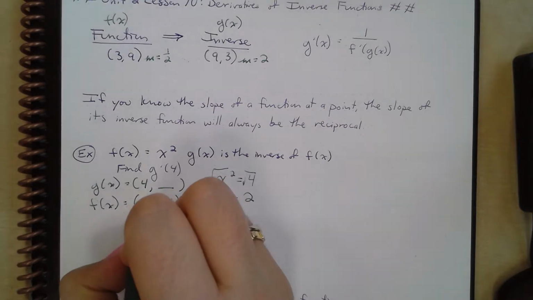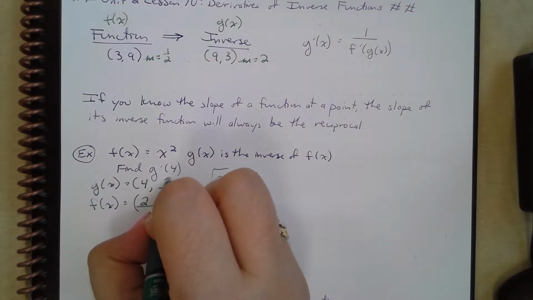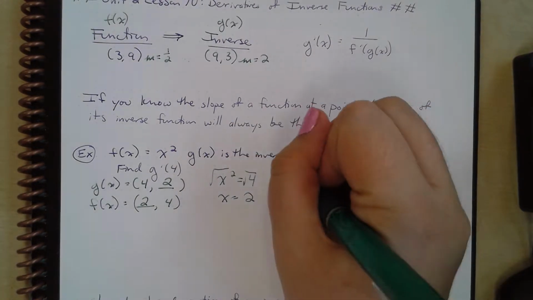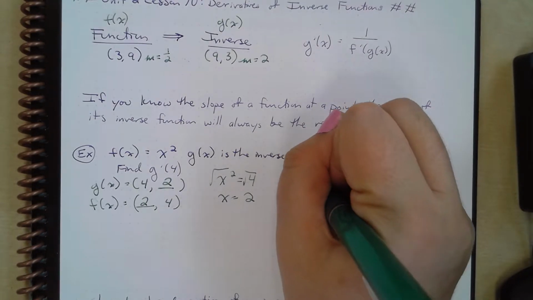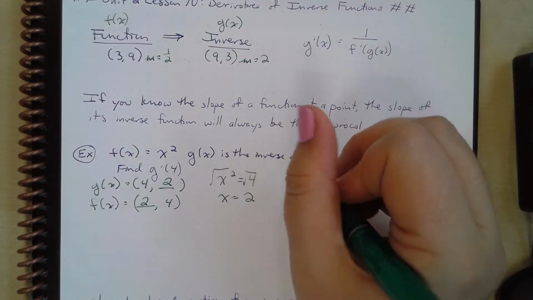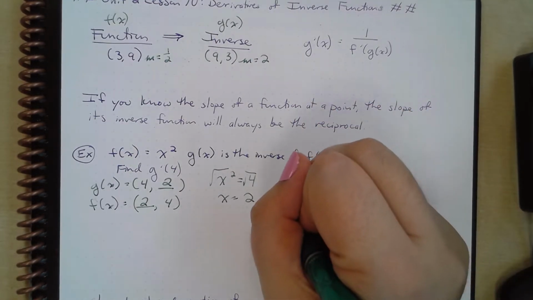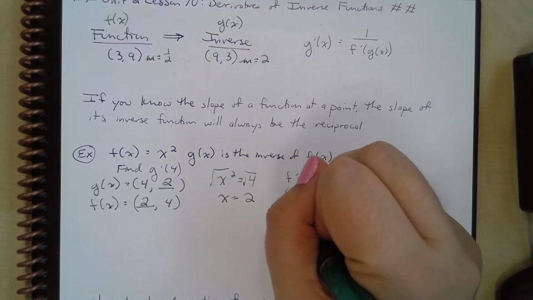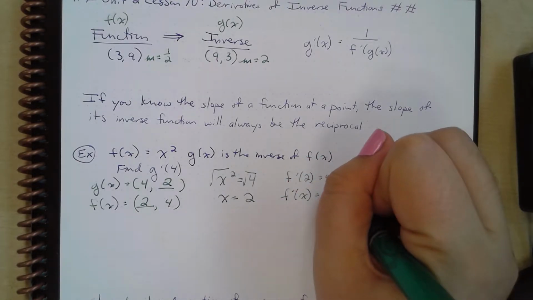So at f of x we have the point (2, 4), and at g of x, we have (4, 2). Well, now we know that f prime of 2 is equal to 4, because f prime of x is equal to 2x, and f prime of 2 is 2 times 2, which is 4.